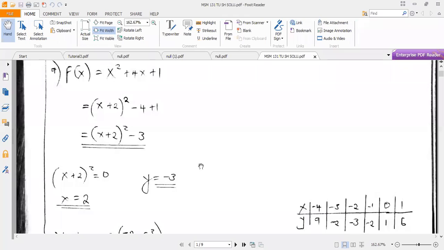And the square root of x plus 2 squared, what do you get? We'll just have x plus 2, isn't it?